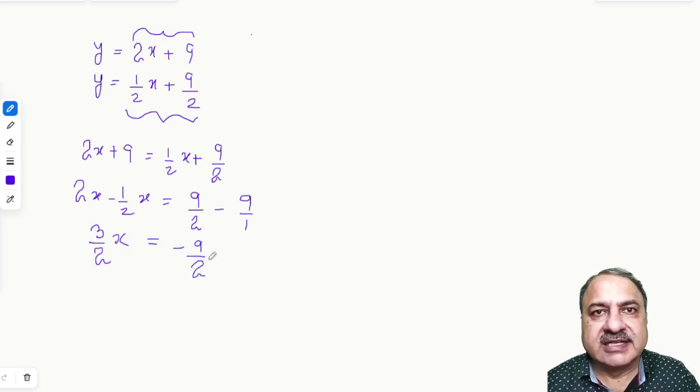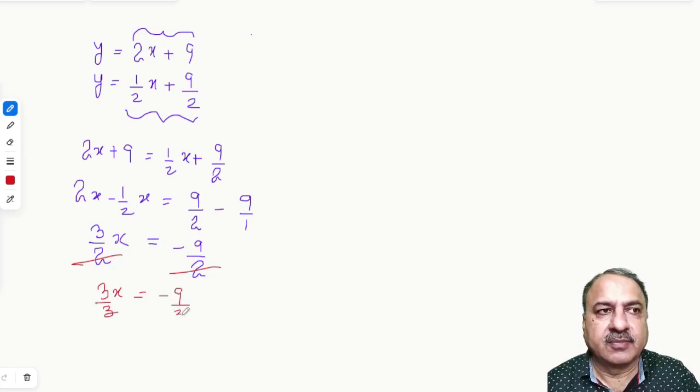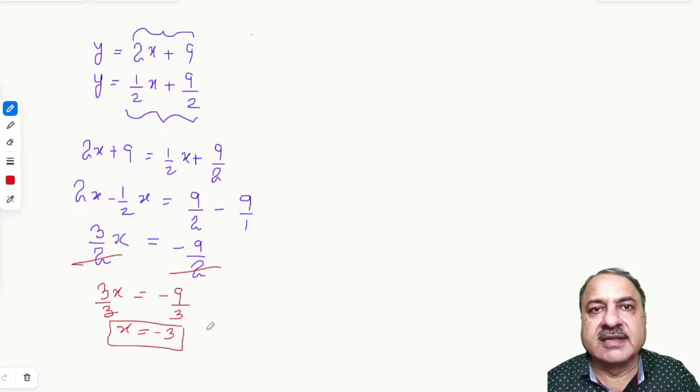Both the sides, left and right, have the denominator 2, so we can cancel it. 2 and 2 get cancelled. We have 3x equal to -9. We will divide both sides by 3 and we will get the value of x. x equal to -3. We will plug in this value of x into either equation 1 or equation 2. It's up to us. Let's plug in equation 1.